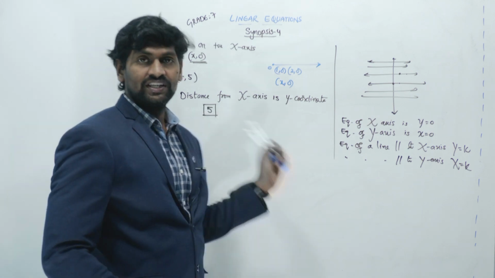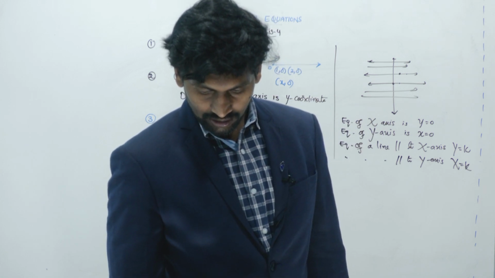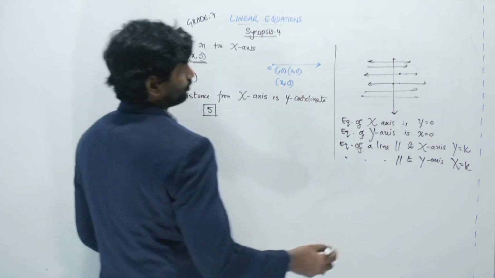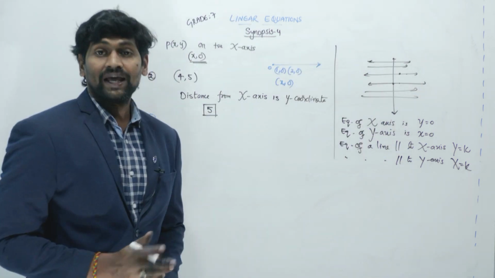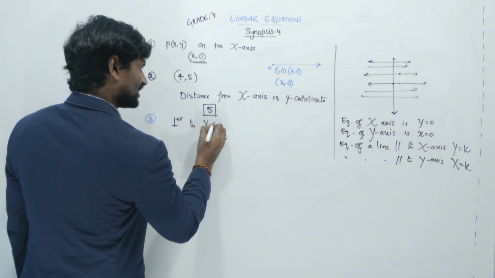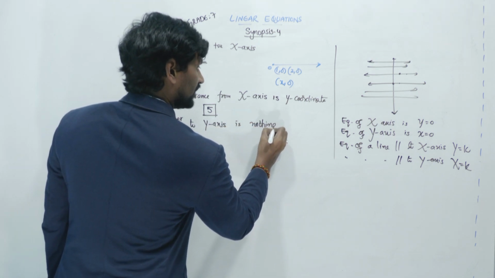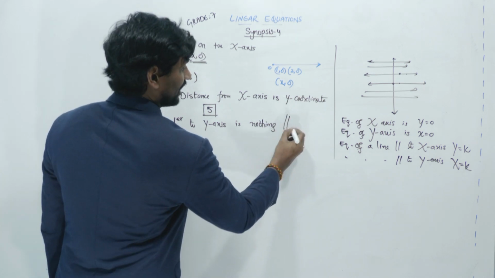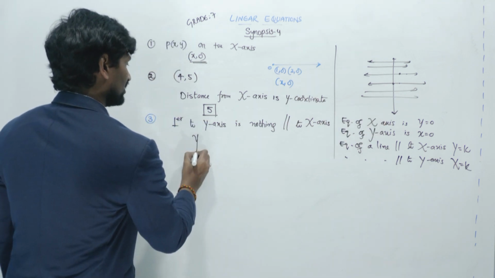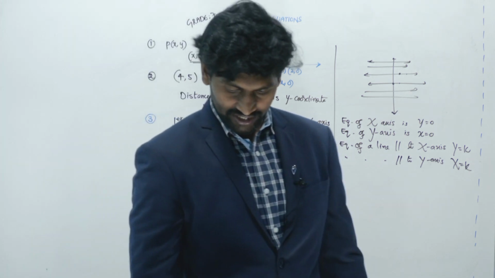Now coming to question number 3, that indicates the equation of any line perpendicular to the y-axis. Perpendicular to the y-axis is definitely parallel to the x-axis. The equation of a line parallel to the x-axis is y equal to k.